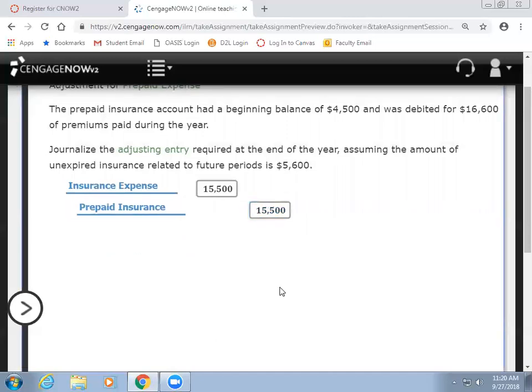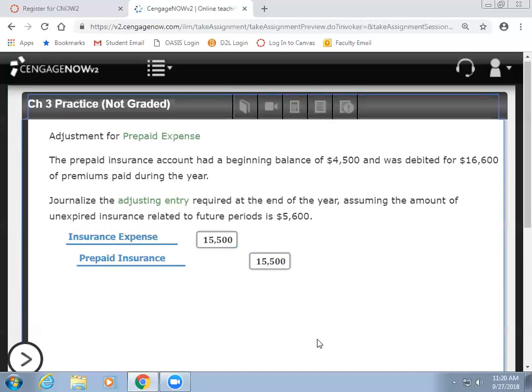So the debit to this is a debit to insurance expense. So remember with adjusting entries, whether it's an accrued or a deferred interest or expense, sorry, you're always debiting some type of expense account, okay? And in this case, when you're dealing with deferred expenses, you're always debiting an expense and you're going to credit an asset, okay?